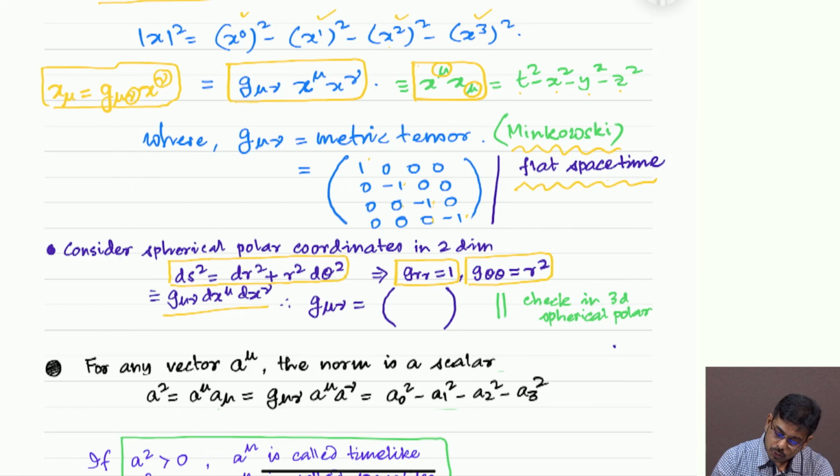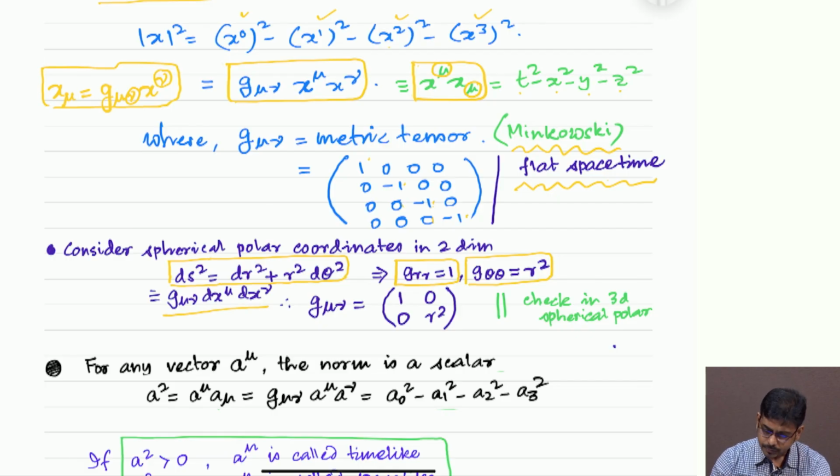In this 2 cross 2 matrix, g rr is equal to 1, g r theta is equal to 0, g theta r is once again 0, and g theta theta is equal to r square. So, this is the g mu nu matrix which describes motion in polar coordinates in 2 dimensions.